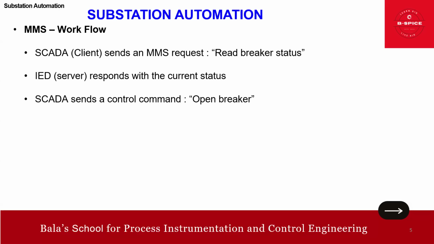Then SCADA sends a control command based on this current status. For example, if the breaker is closed, SCADA sends the control command to open the breaker. Upon receiving the command from SCADA, the IED, the server, executes it and confirms via MMS response. As simple as that. This is all about MMS, friends.